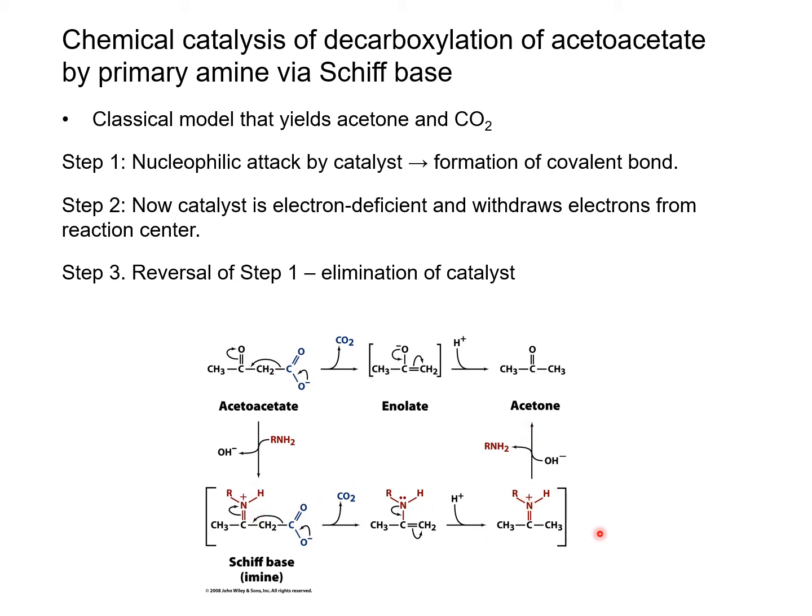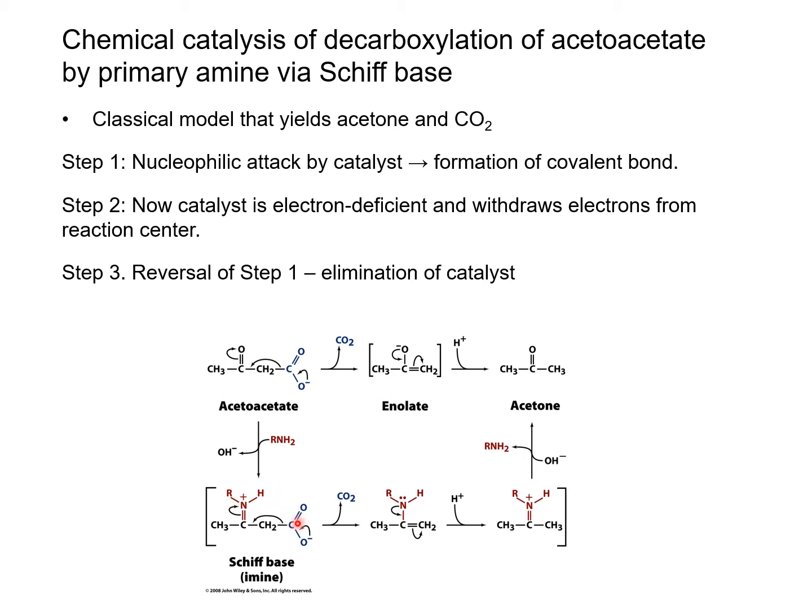The first step is the nucleophilic attack by the catalyst, where it forms the covalent bond with the acetoacetate. In this case, this newly generated group is going to be electron deficient, so naturally it will extract the electron from the reaction center on the carboxylate group of the acetoacetate.